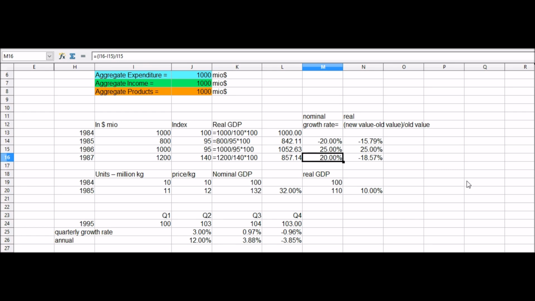Another concept we should understand is the difference between real and nominal GDP. We know that the components of GDP, which are C, I, G, EX minus IM, are calculated in current market prices. But since we are interested in comparing the GDP figure on a year-on-year basis, we need to deflate this number, and we will see how deflation is done.